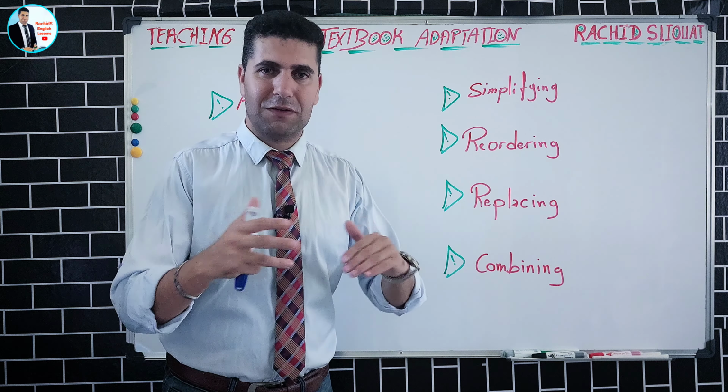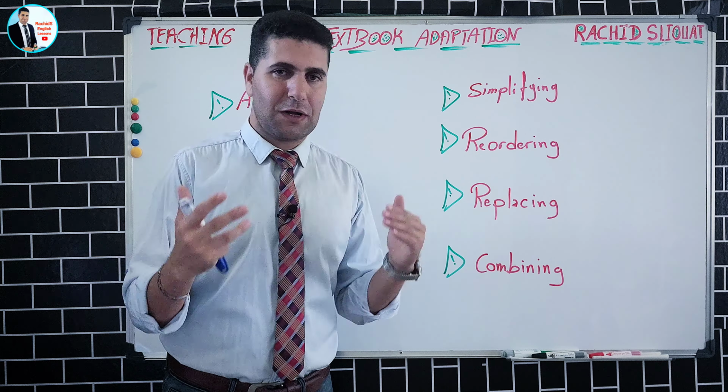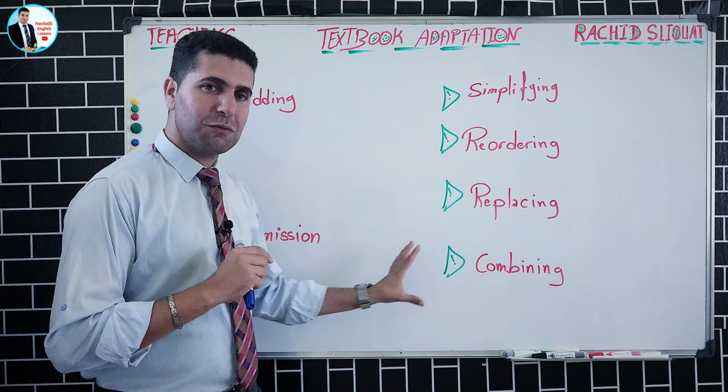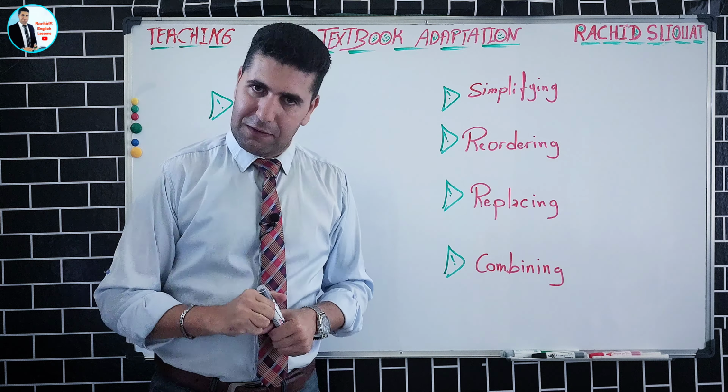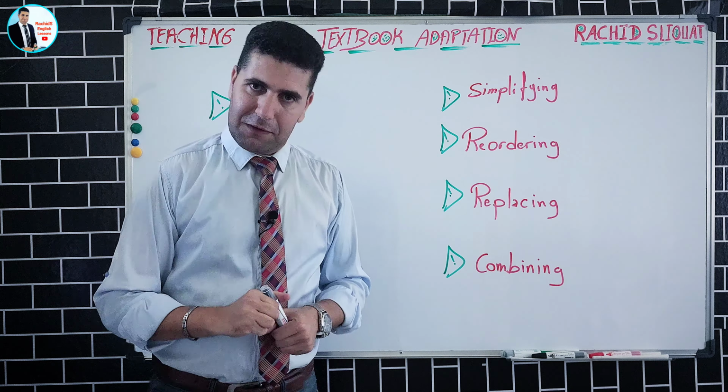So textbook adaptation is not something that we can do randomly, but rather we have some strategies that we can use in order to adapt our textbooks. Most of the teachers who adapt their textbooks use these strategies, either consciously or unconsciously.